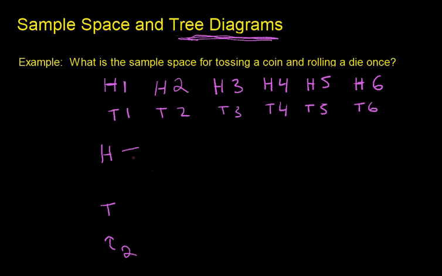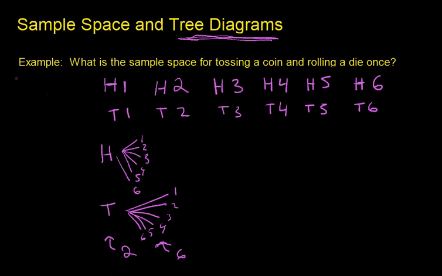Then from there, there are 6 possible options depending on what you got on your die, right? You could have gotten a 1, 2, 3, 4, 5, or 6. And there are 6 possible options there.